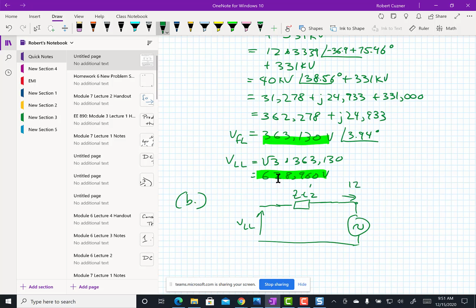On the high voltage side, we had 12 amps at minus 36.9 degrees. Now we're going to the other side of a step up transformer, so the current is actually going to go up. It's going to go 600 divided by 4.16, and I'm taking out the 1,000-volt factor here.